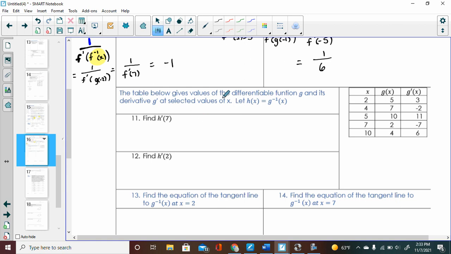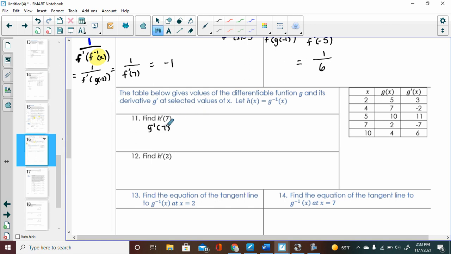So it says, given all this information, the table below are the values of g and its derivative g prime, and select the values of x. So you can use this h of x. I'm not sure what complicates it for you, or we could just say the inverse of 7. So whichever one works for you.